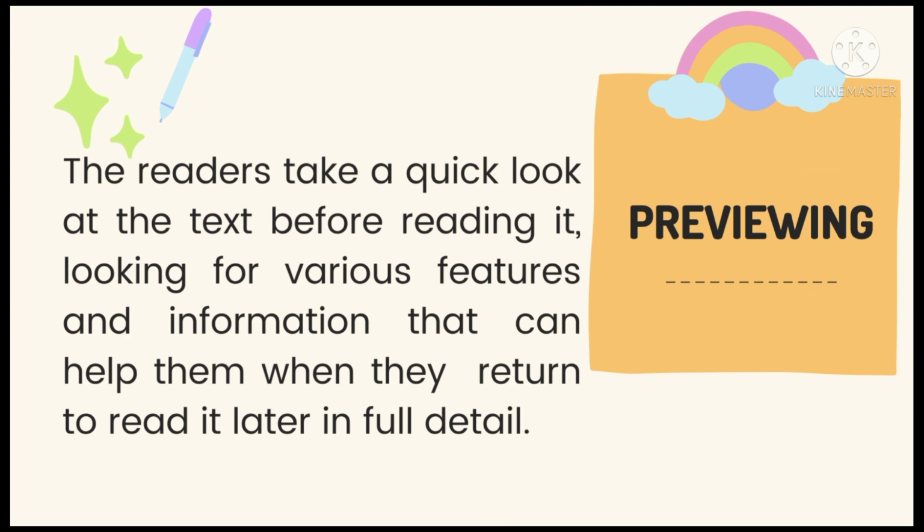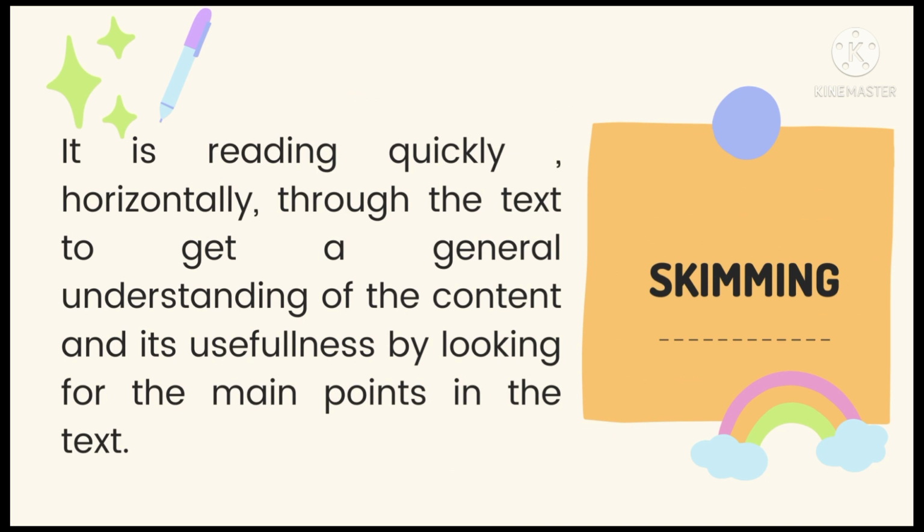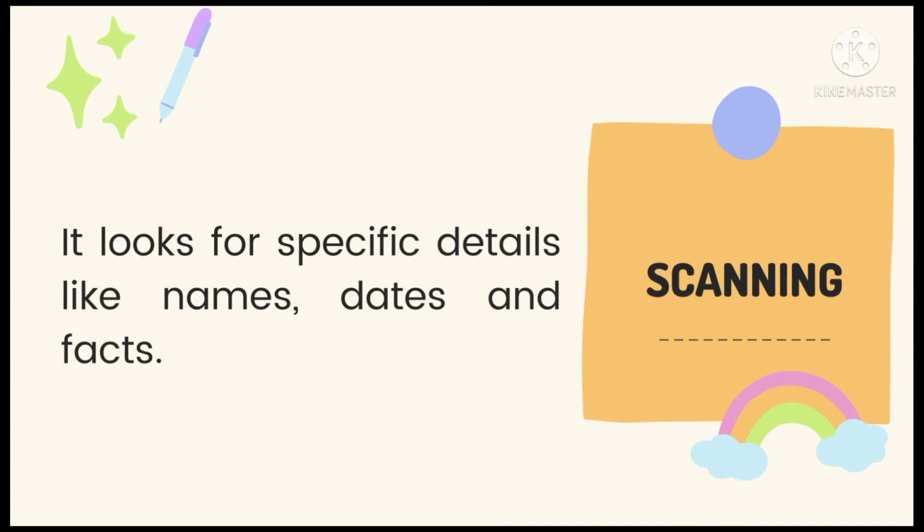On the other hand, skimming is reading quickly, horizontally, through the text to get a general understanding of the content and its usefulness by looking for the main points in the text, while scanning looks for specific details like names, dates, and facts.